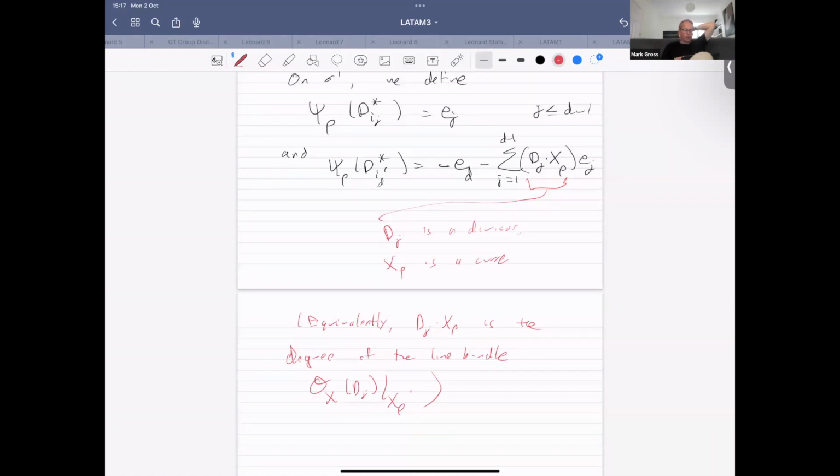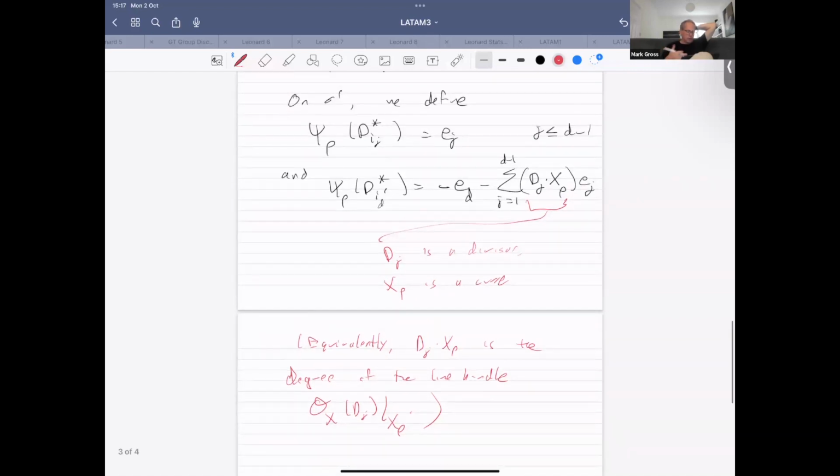Okay, so this is the chart, and it makes sense as a piecewise linear map on sigma union sigma prime, and we decree that that's one of our affine coordinate charts.